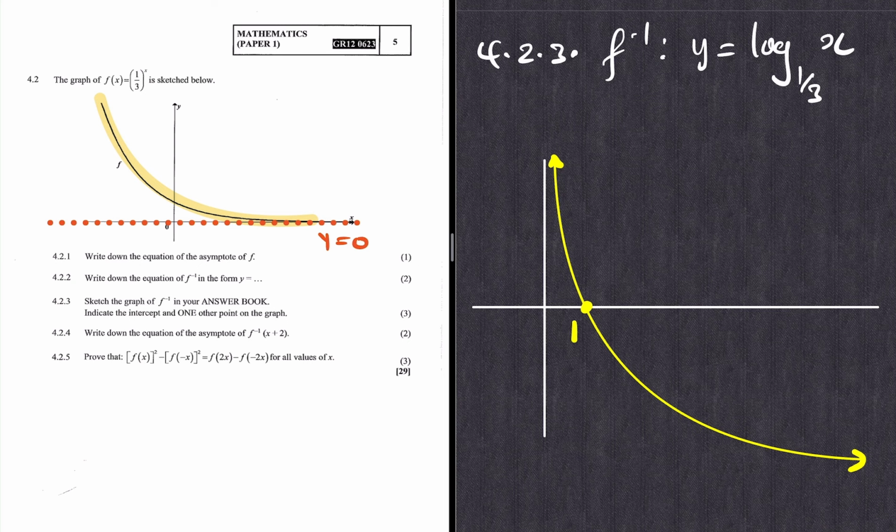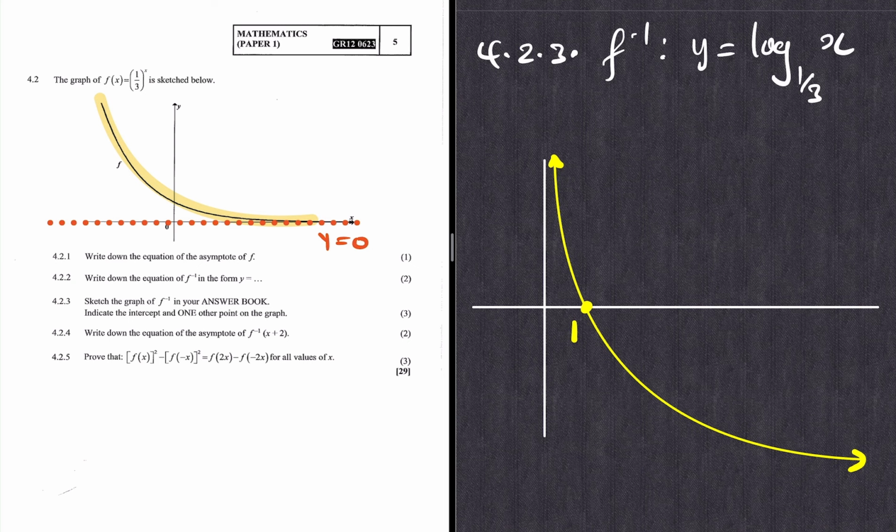They want at least 1 point. So when x is 1, y is going to be 0. Now let's check something.